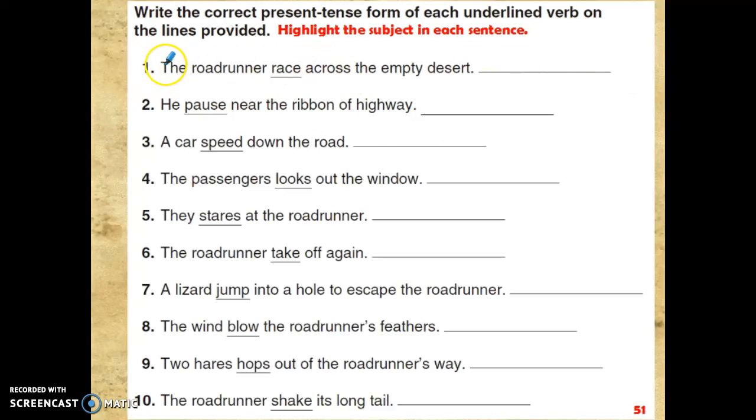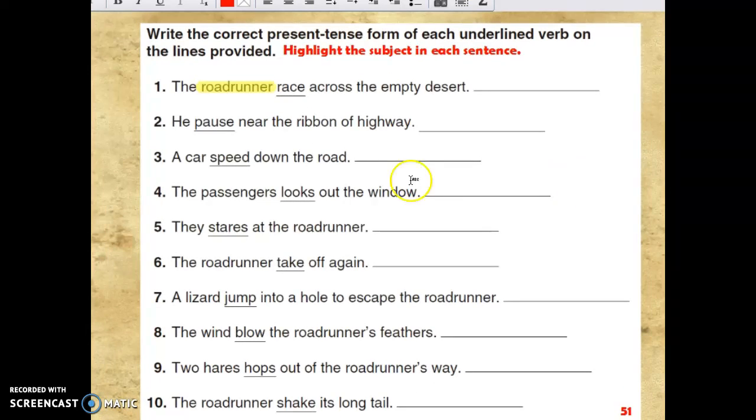So we've got the road runner race across the empty desert. So the subject of my sentence is a noun, the road runner. Okay, then you need to ask yourself, is road runner singular or plural? Is it just one, or is it more than one? In this case, it is just one road runner.